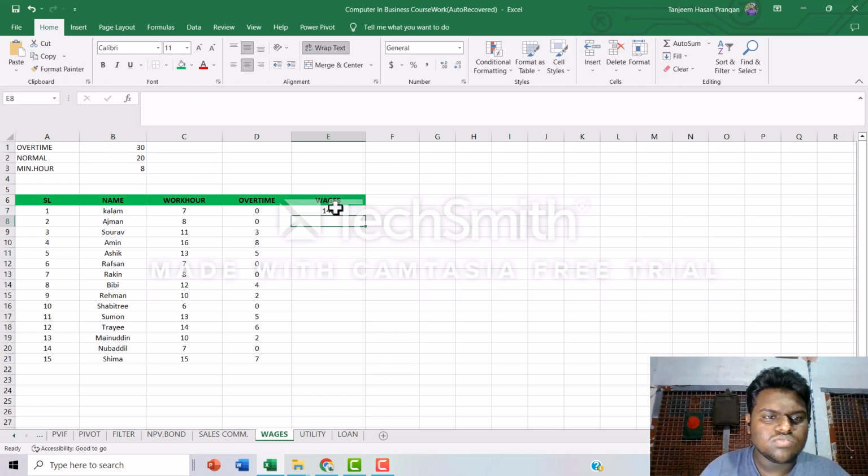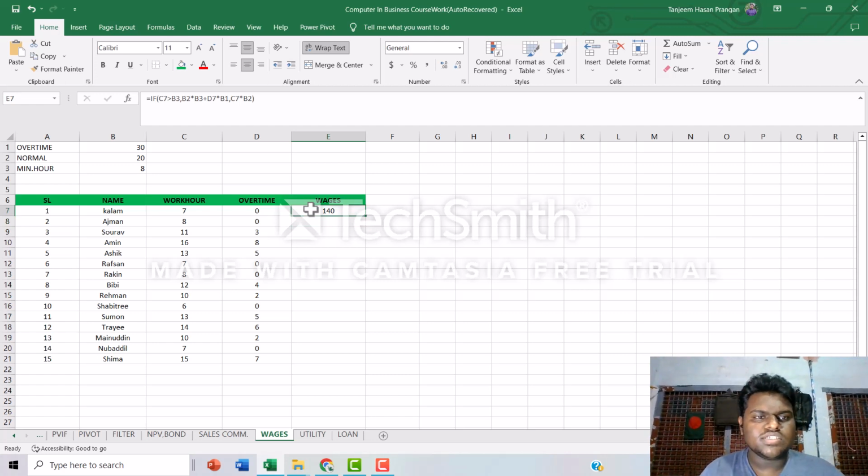Yes, the first wages will be 140, and then we have the next phase to do, which is to freeze or fix the amount so that it is not changeable. So we are going to the next phase.